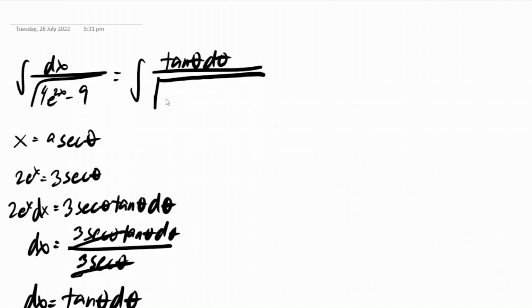square root of nine. Since it is squared here, we also square 3 secant theta, that is 9 secant squared theta minus 9. So what we will do first is bring out 9, so that we have 9 times secant squared theta minus 1.